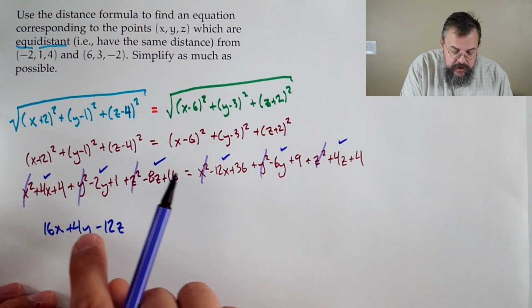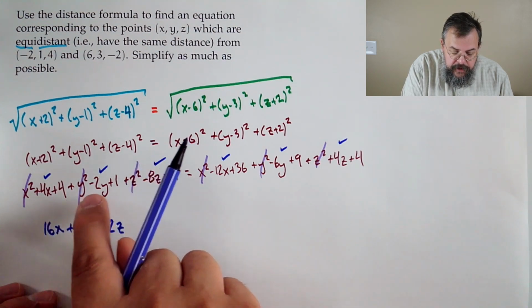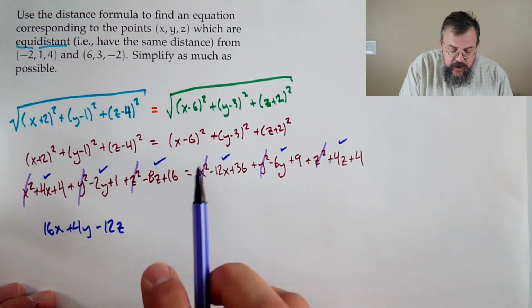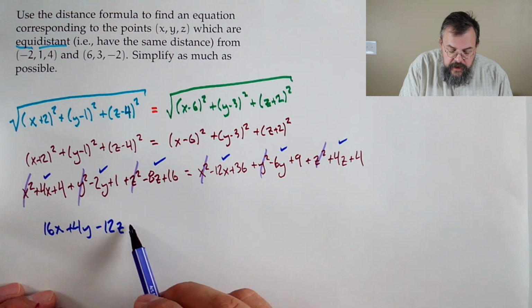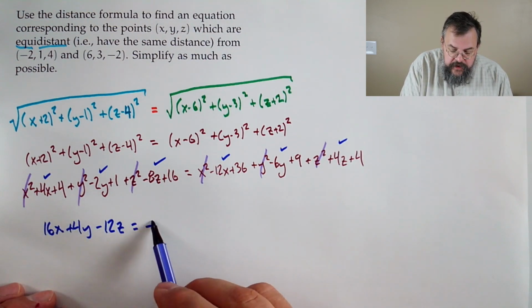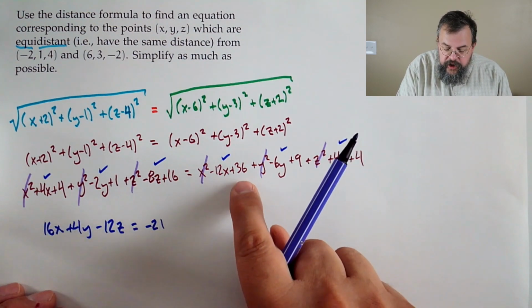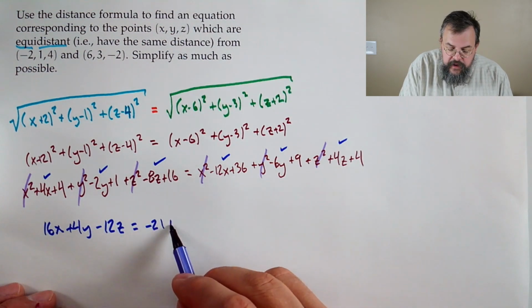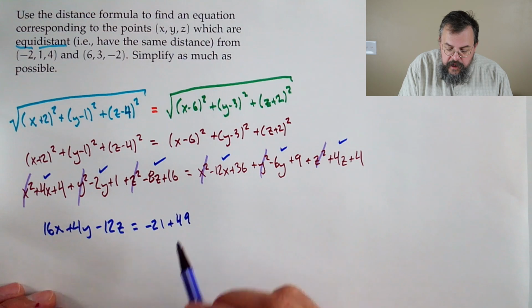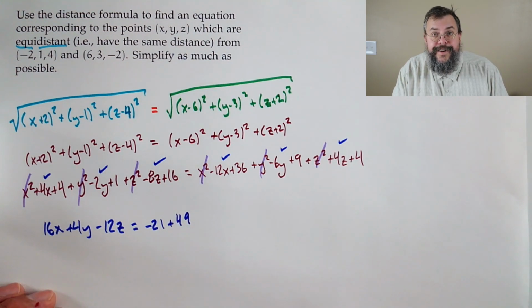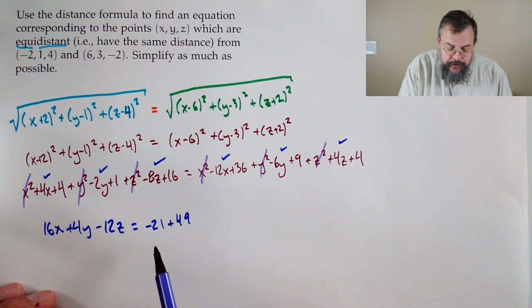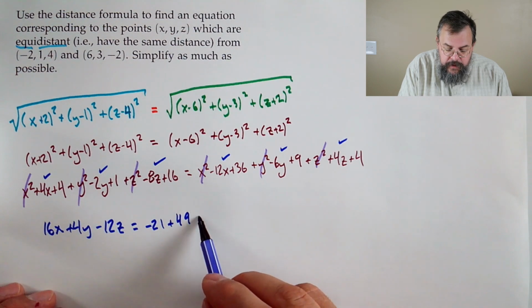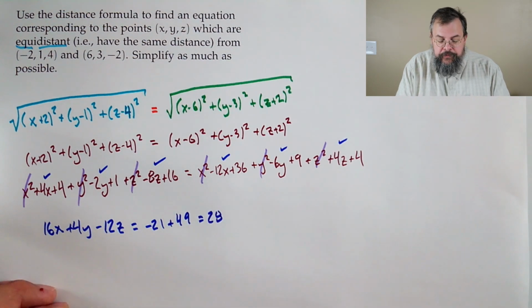Now, equals, well, let's add these up. 4 plus 1 plus 16 is 21. And that's going to move across as minus 21. 36 plus 9 plus 4 would be plus 49. All right, good. Well, 49 subtract 21 leaves us with 28.